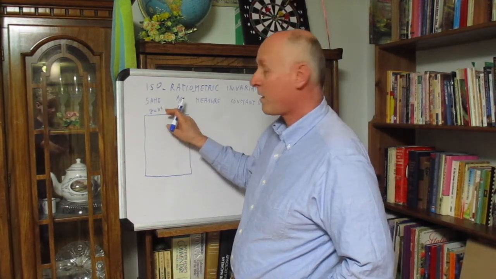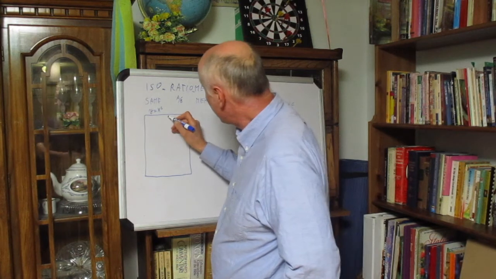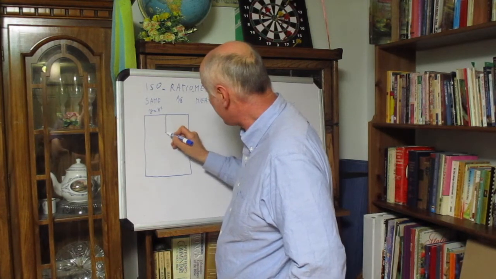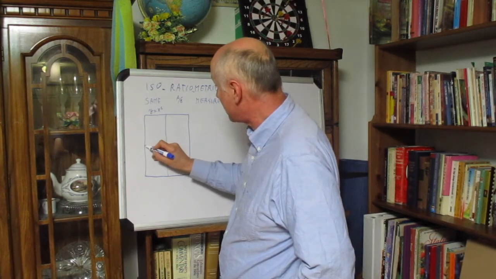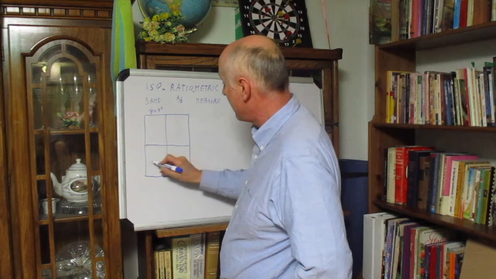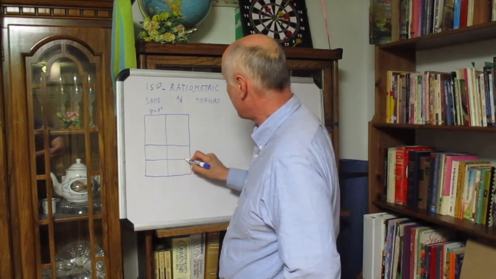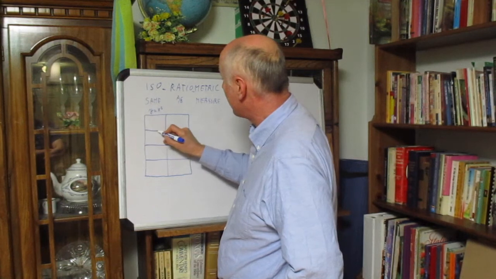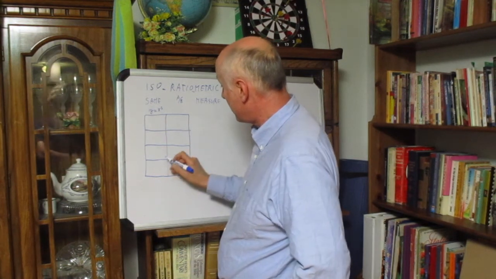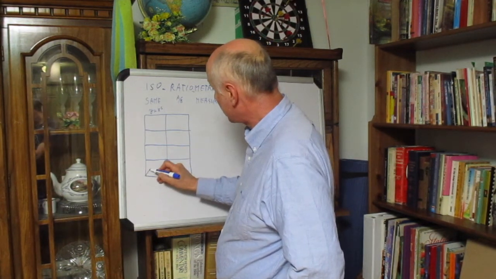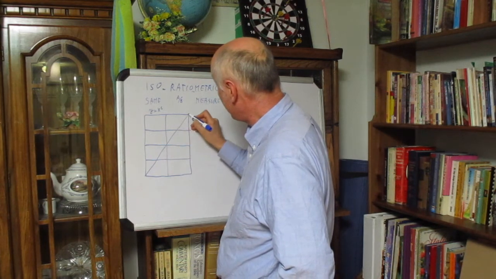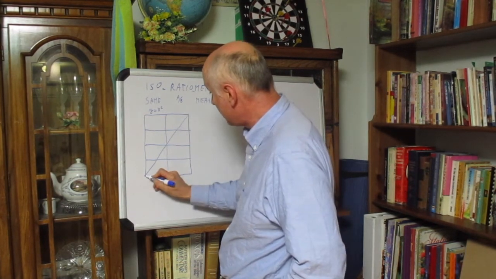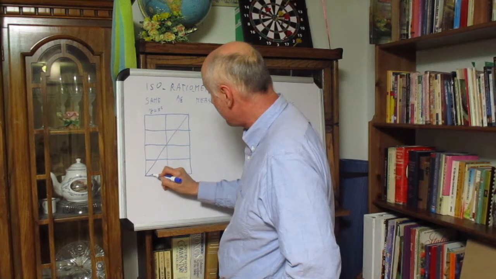But for now, y equals x squared. And so that looks like this, and it helps to have a good setup. So you've seen this curve before. Y equals x squared. Here's our characteristic diagonal for the whole curve, and here's our curve itself.